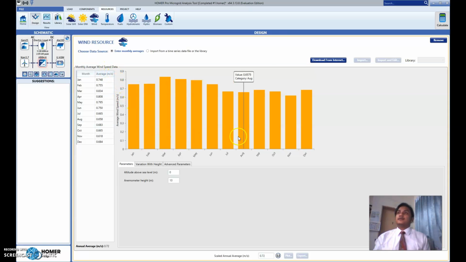In this graph, we can see that the highest wind speed occurs in the month of March, which is 0.834 meter per second.